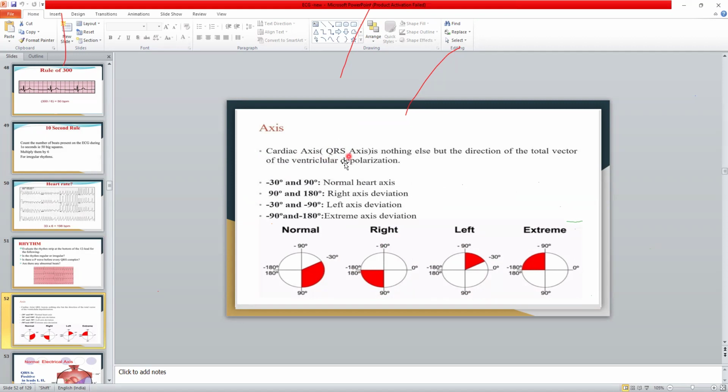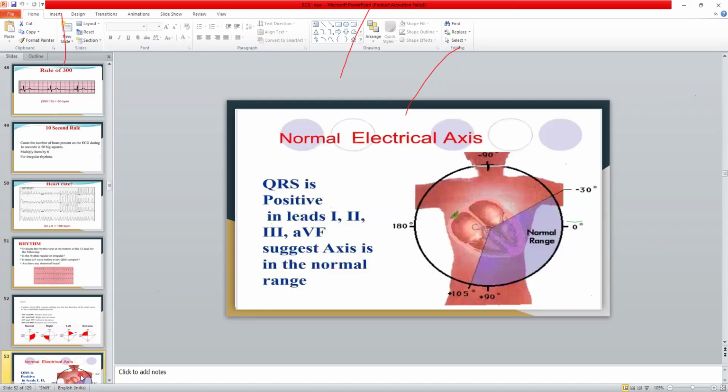This cardiac axis or the QRS axis represents the direction of the electrical activity of the heart, specifically the direction of ventricular depolarization.